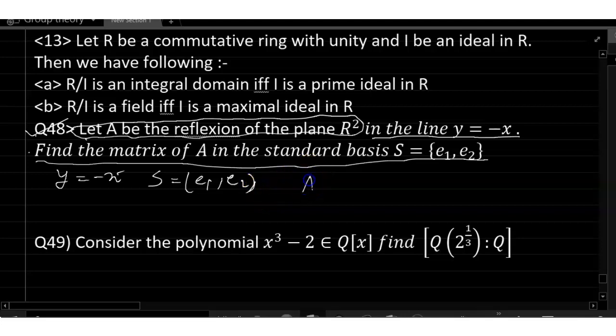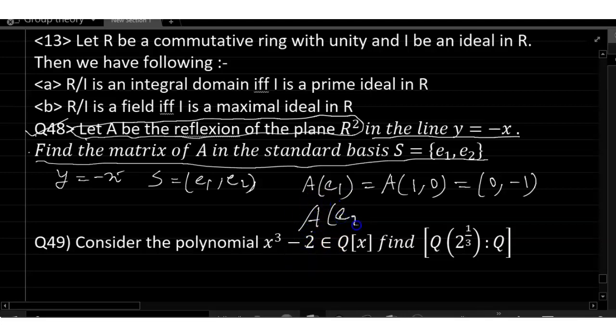So e1 equals (1, 0), and A of e1 implies (0, minus 1). Similarly, e2 is equal to (0, 1), and A of e2 is (minus 1, 0).